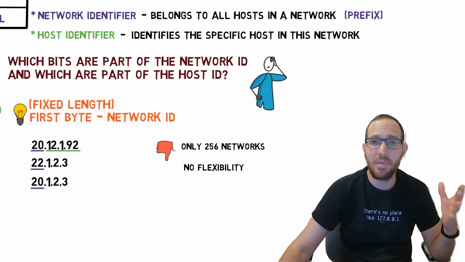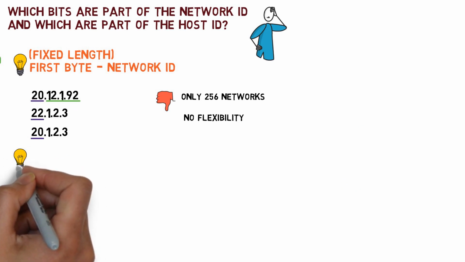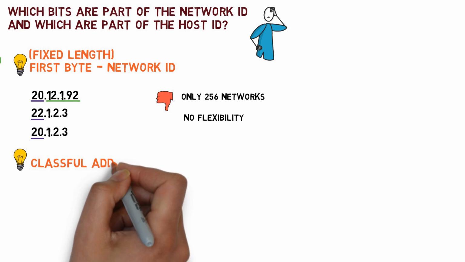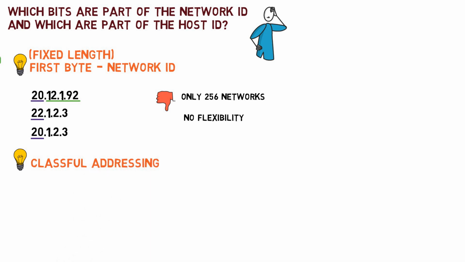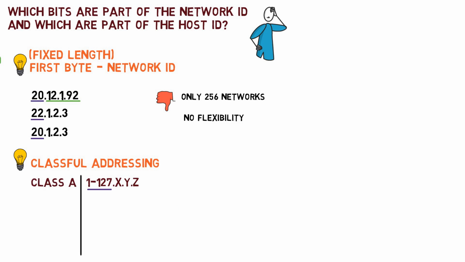Let us consider another approach called classful addressing. In this approach, the number of bits dedicated for the network ID changes from one address to another, and we can tell the network ID when we look at the first most significant byte of the address. Any address starting with a number between 1 and 127 belongs to class A, meaning that its network ID consists of 1 byte, leaving 3 bytes for the host ID.